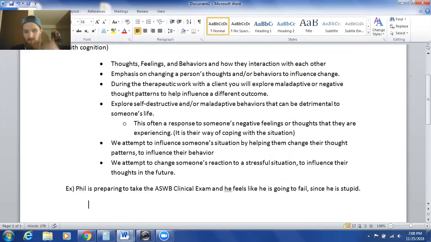So with this, how CBT would work, how would we apply it?